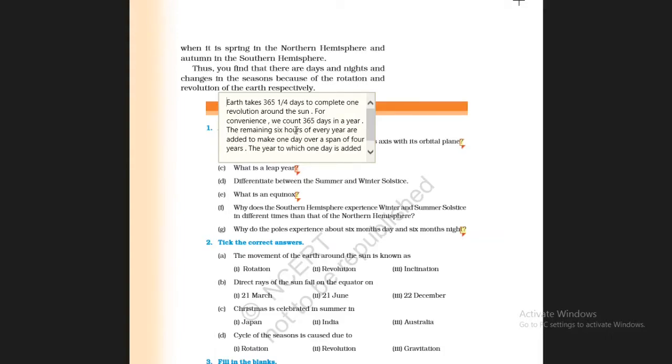The remaining 6 hours of every year are added to make one day over a span of 4 years. So after 4 years, that 1 by 4 day is converted into 24 hours.